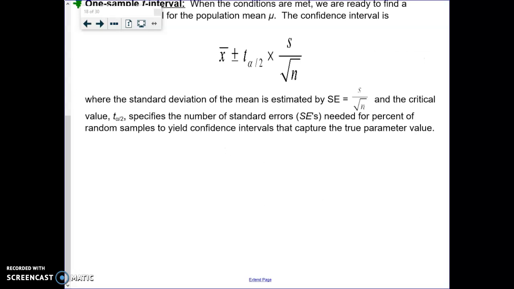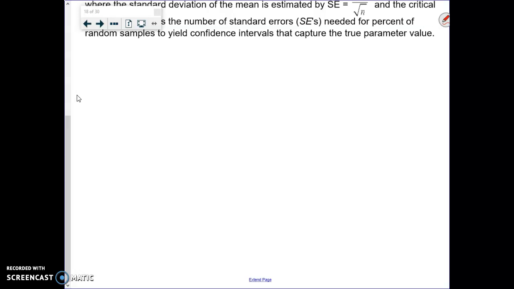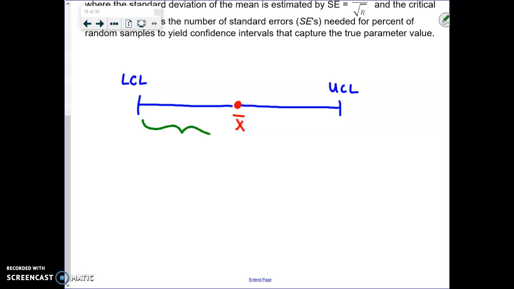Now, I'm going to show you a little something here. Basically, at the center of this interval is going to be our sample mean. Then we're going to set up an interval which extends between two values. We call these our lower confidence limit and our upper confidence limit. How do we get to those values? This distance right here, which is the same on both sides of the sample mean, is your critical value times your standard error.